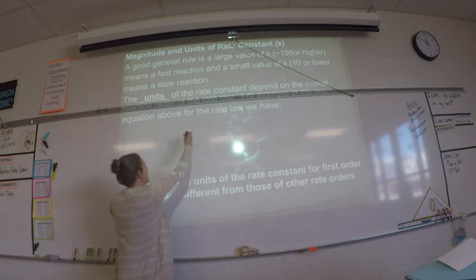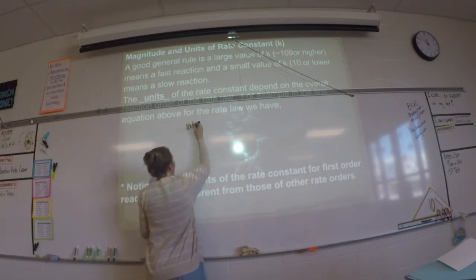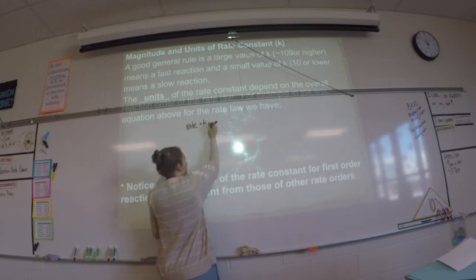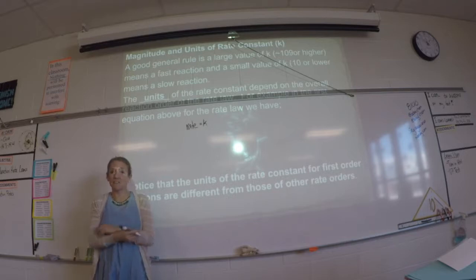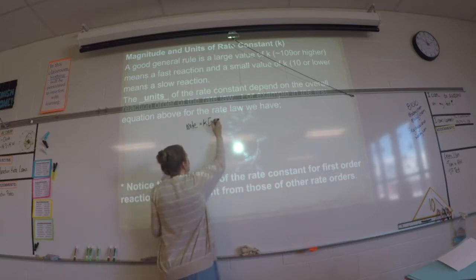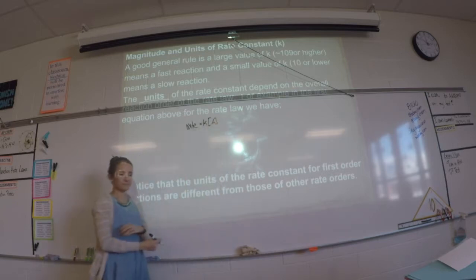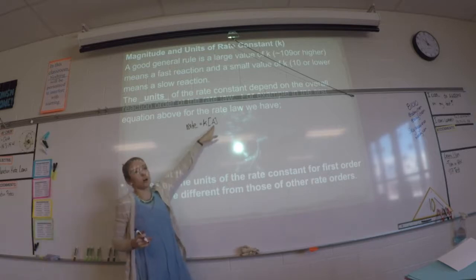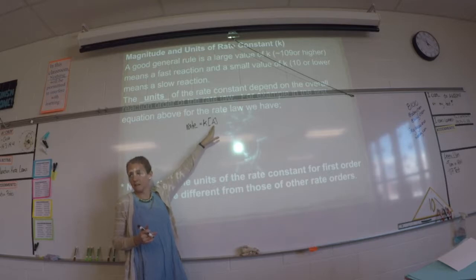Then what that would mean is I have some rate. We have K, and then if it's first order, you just have one thing to the power of 1, so just for simplicity's sake, we'll say A. Which means for units of our K, what is concentration always measured in? Molarity.